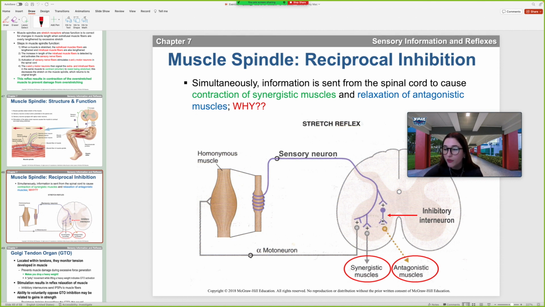So this is a little confusing when we talk about stimulating an inhibitor or inhibiting an inhibitor. If we were inhibiting this inhibitory interneuron, then it wouldn't be able to do its job of inhibiting, and we would not have relaxation of the antagonistic muscles.